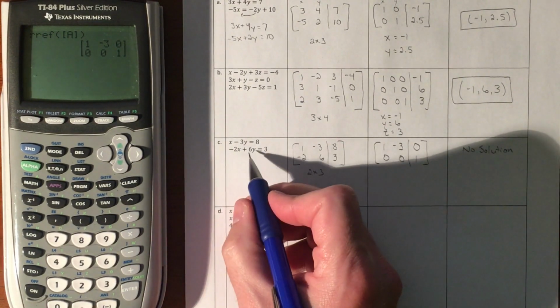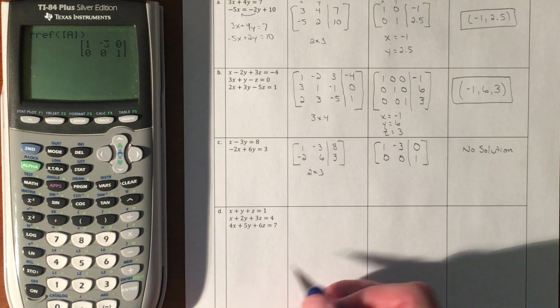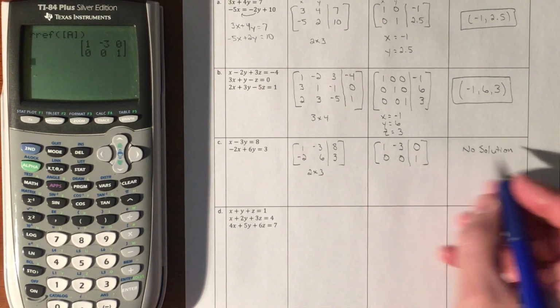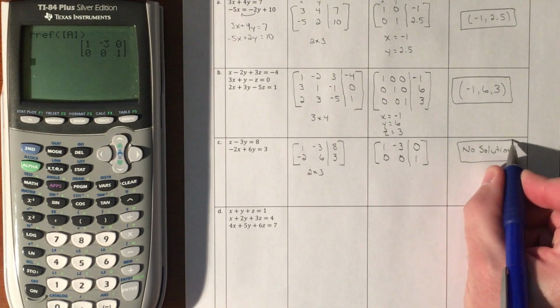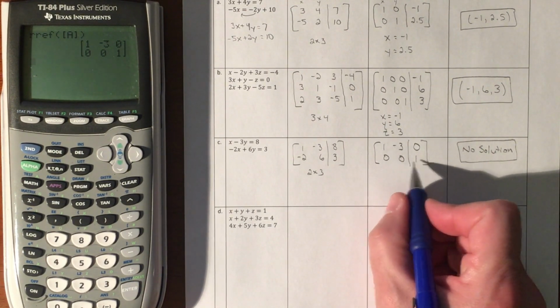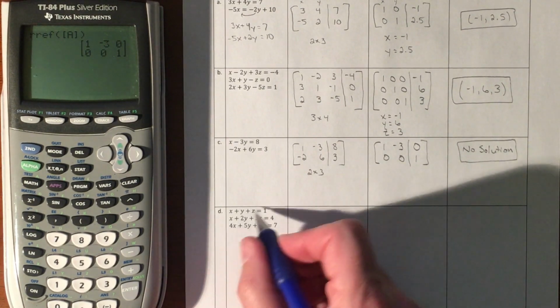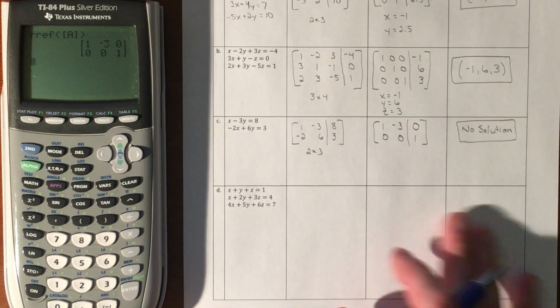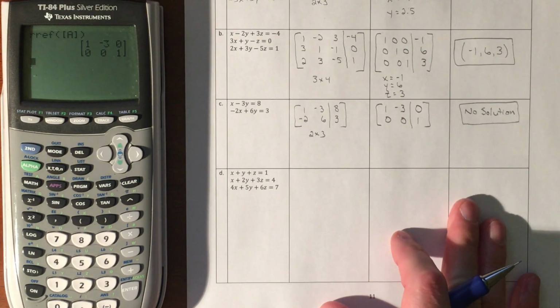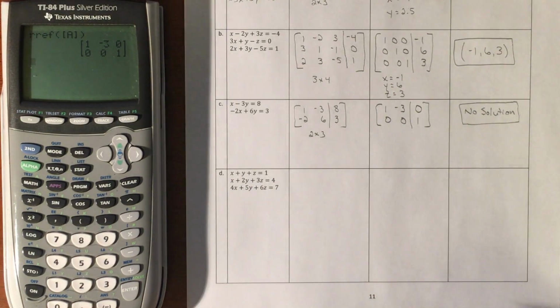Okay, so for 2 variables, 2 equations, these lines would be parallel to each other and they don't cross. So that's what a no solution looks like on this. If you were to get an infinite solution, you would have a 0 here and you'd have a 0. So you'd have a whole row of zeros, and you're going to see that on the next one. But when you get a 3 by 3, a 3 equation, 3 variable, your infinite solution means it's a little bit trickier.